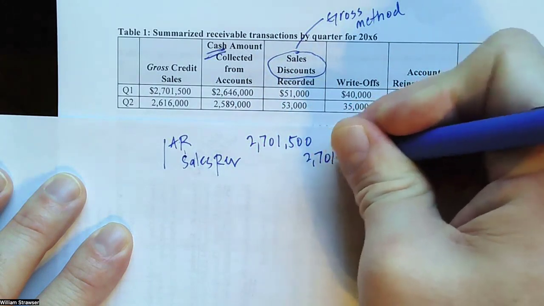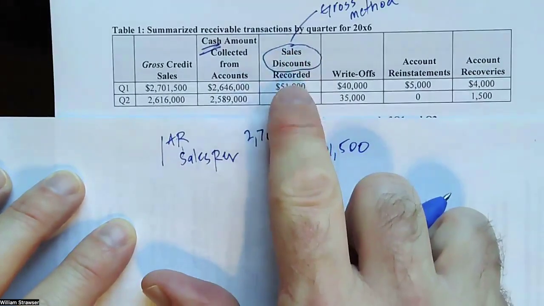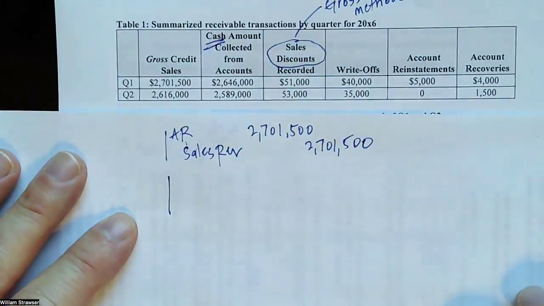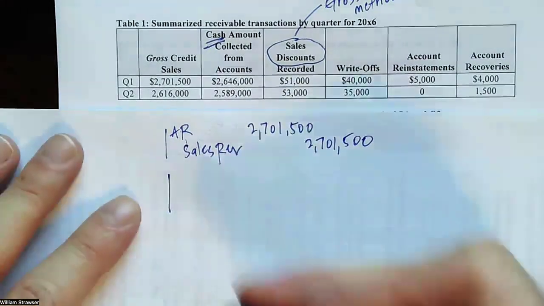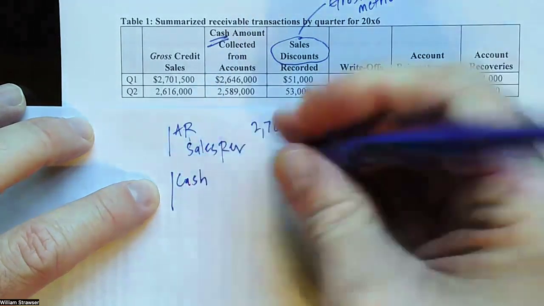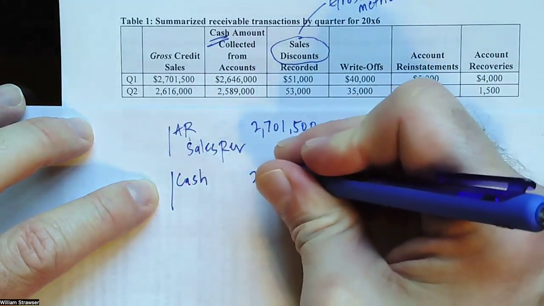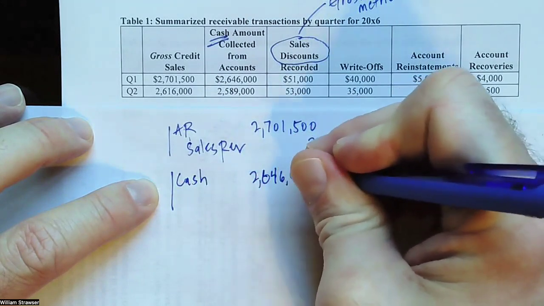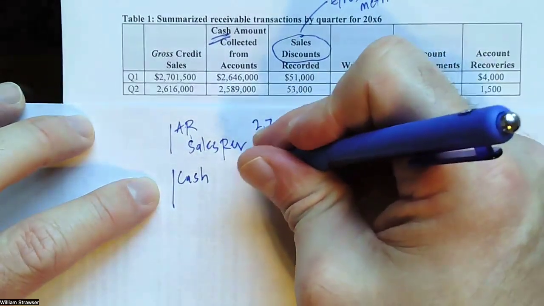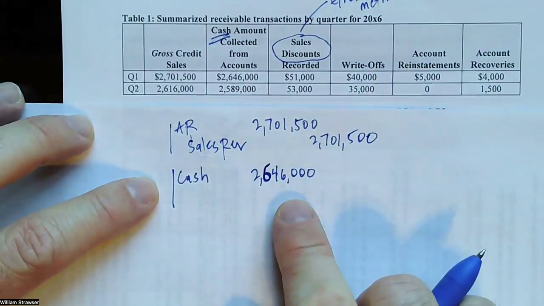Now, when I collect cash and have an amount of sales discounts that are recorded, then think about it as the collection. This is the actual cash that I am receiving. 2646. Now, is that the amount of receivables that I am settling that my customers have paid off?